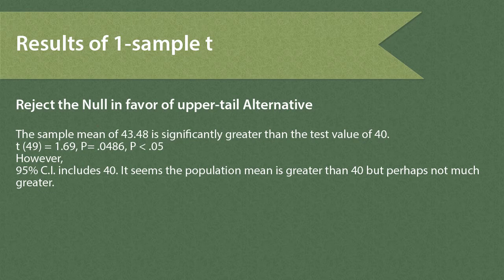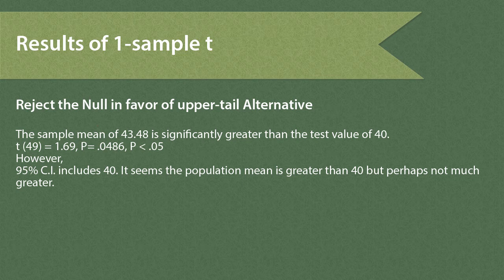So let's look at the results of our one-sample t-test. The result is that we would reject the null hypothesis in favor of the upper-tailed alternative hypothesis, which was that mu is greater than 40. We do this because the sample mean of $43,480 is significantly greater than the test value for mu, which was $40,000.